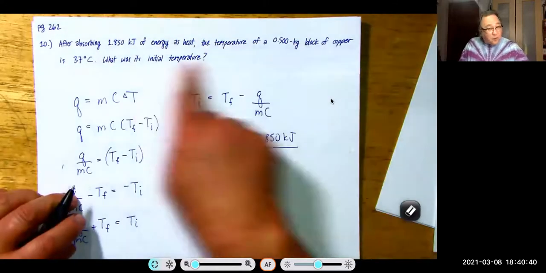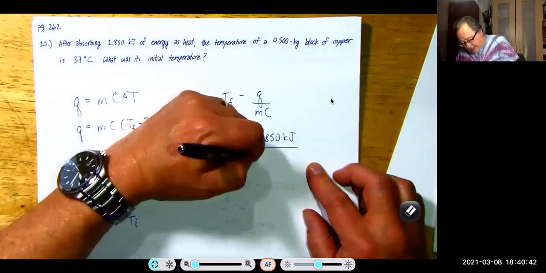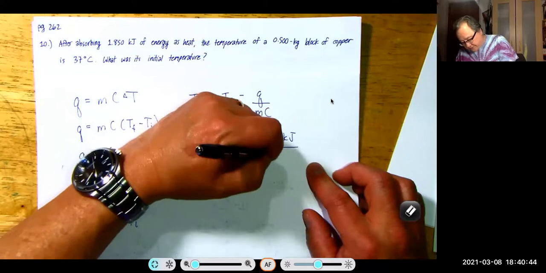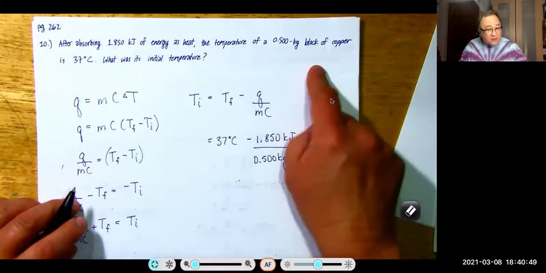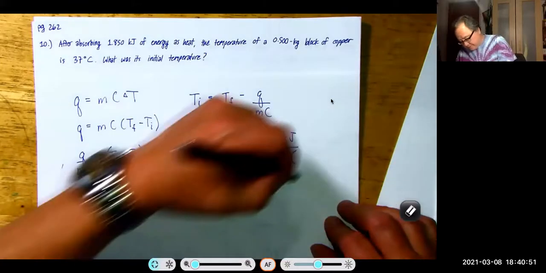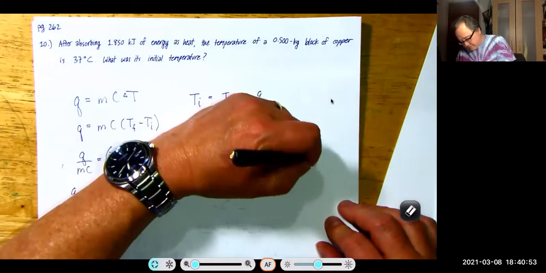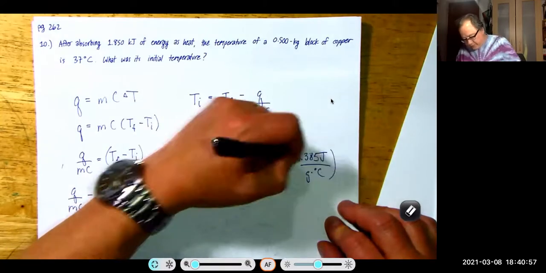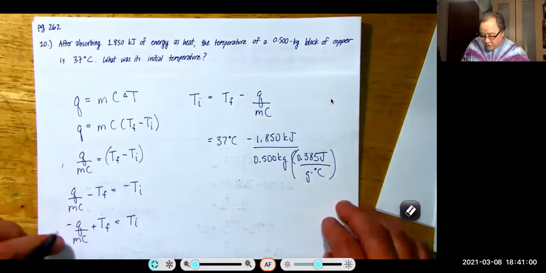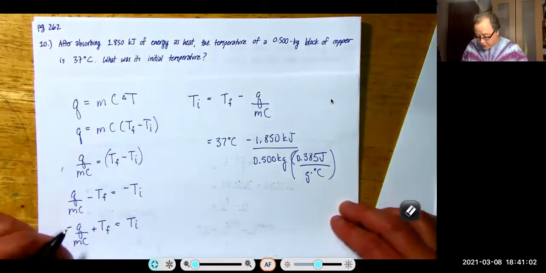The mass is 0.500 kilograms. And the specific heat capacity of copper, you have to look it up in the book. And in the book, it's 0.385 joules per gram degree Celsius.